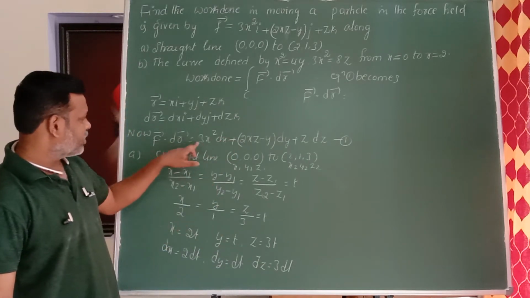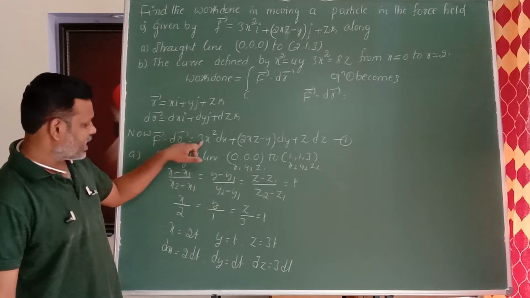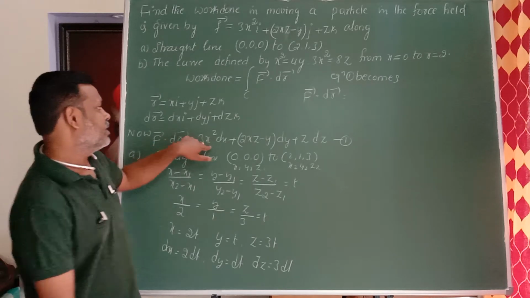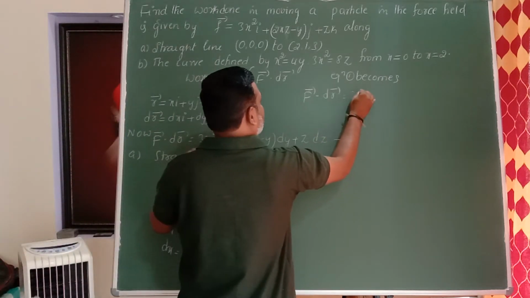What happens here? This is equation number 1. 3x square, where x is 2t, so that is equal to 3 into 4t square.